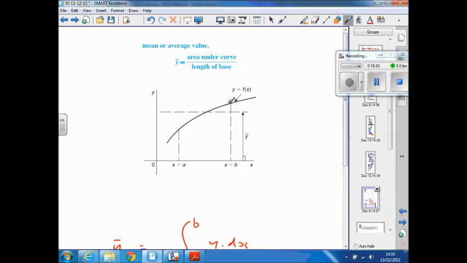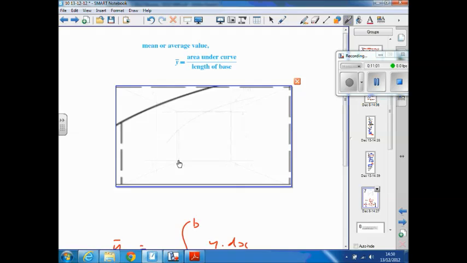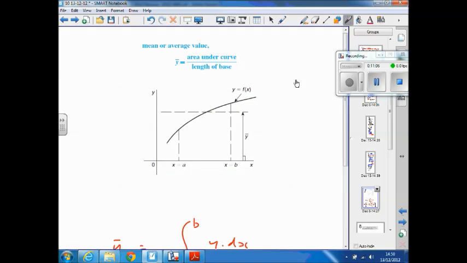Well, if you think about what the area underneath here represents, if I find the integral, I'm finding the area underneath this curve. So if I consider that now not to be a curve at the top here, but a rectangle, and draw in a rectangle here, then the area I've just found is the same as the area for a rectangle with the same width but height, average value.